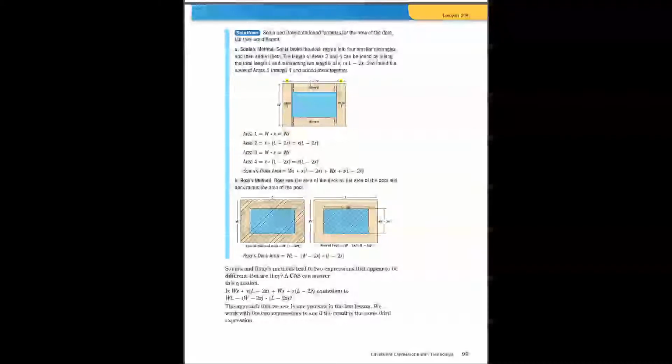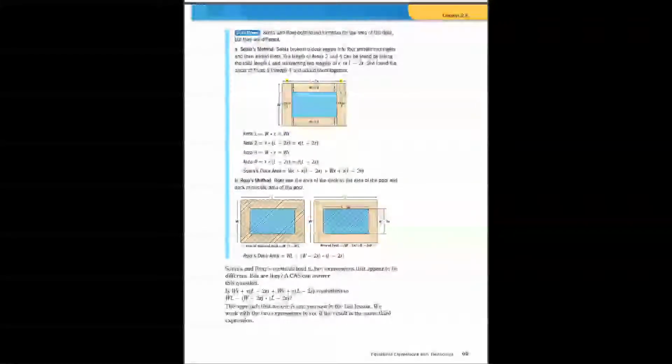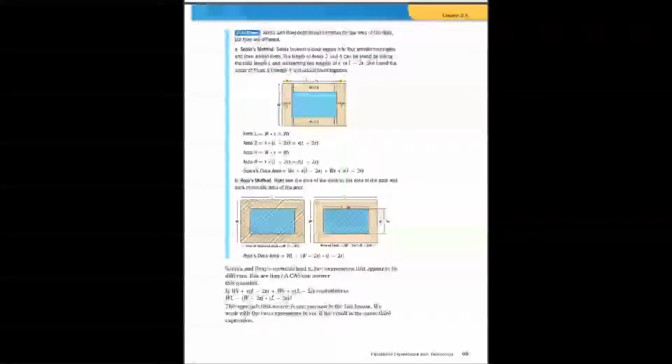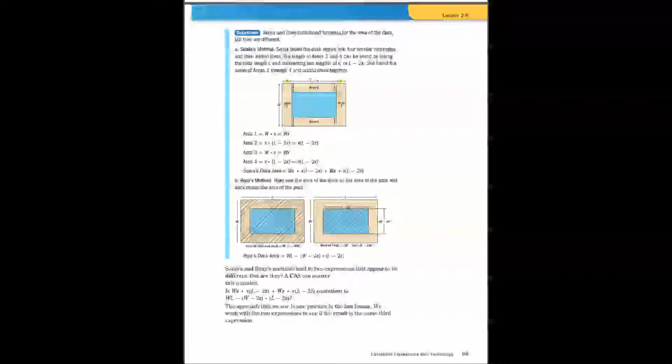The reason she subtracted that was because that length had already been taken into account for areas 1 and 3. We can see how this width, the W length, is that entire length, and it took up that spot. So we had to take that away from what was L, whatever L is.